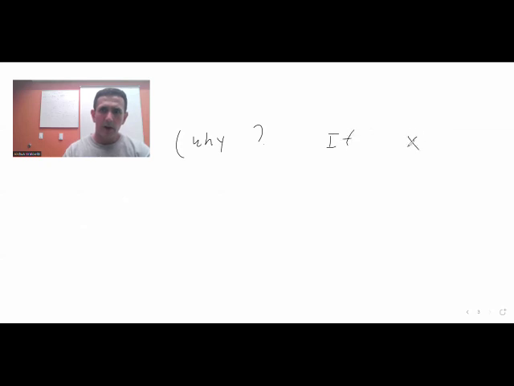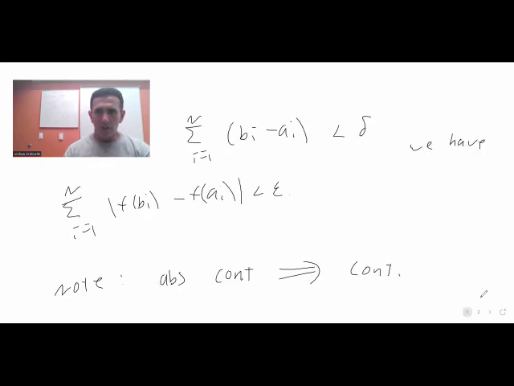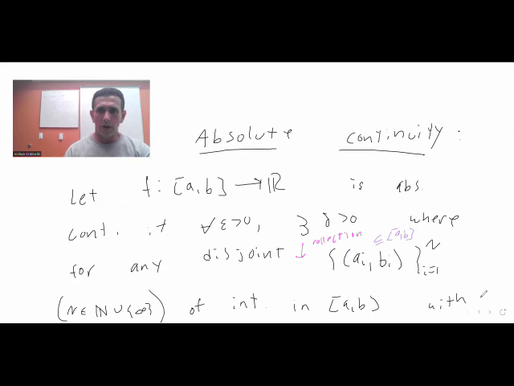Well, if x is less than y, and both of these, let's say, are in A to B, then just basically set a_1 to be x, b_1 to be y, and we have a disjoint collection, N equals 1, just one single interval.